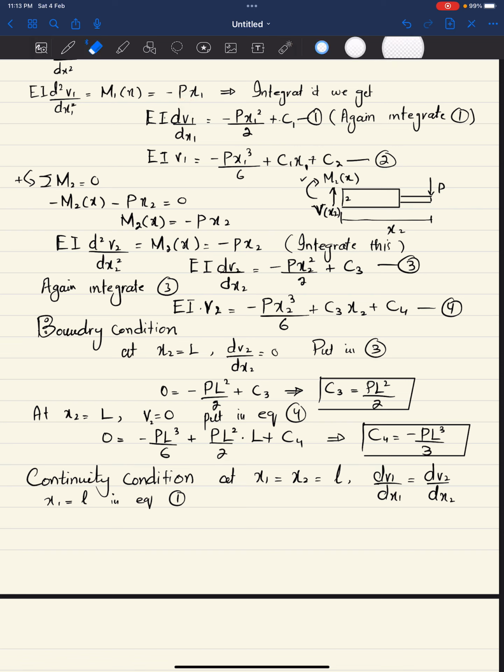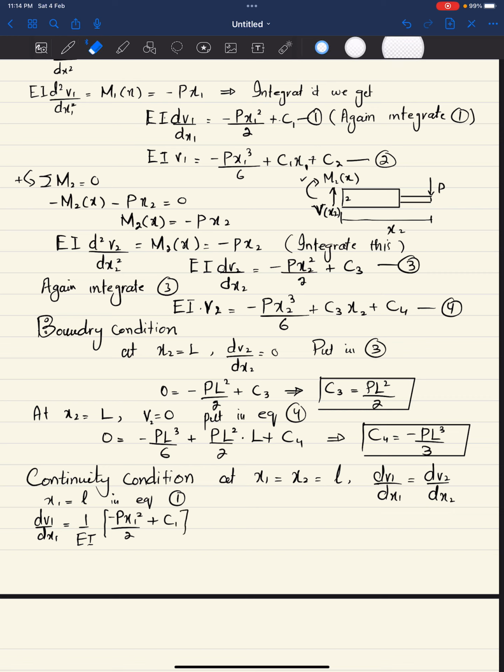So I will write dv1 over dx1 is equal to 1 over EI into minus P x1 square over 2 plus C1, and C1 is not known.